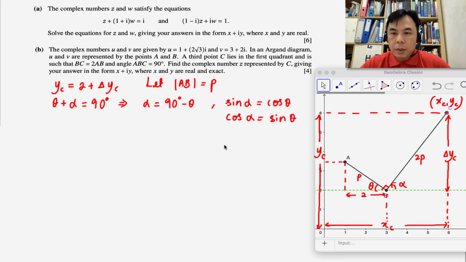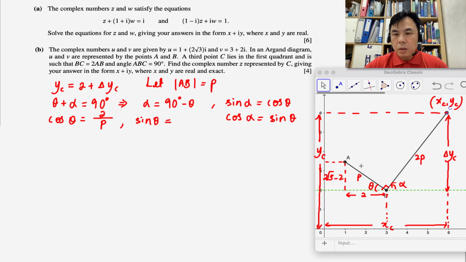All right, so from here we can obtain the trigonometry ratios sine and cosine theta just by looking at this right angled triangle here. We can denote the cosine theta as 2 over p, whereby the sine theta is actually this length here, which is 2 sec 3 minus 2, right?